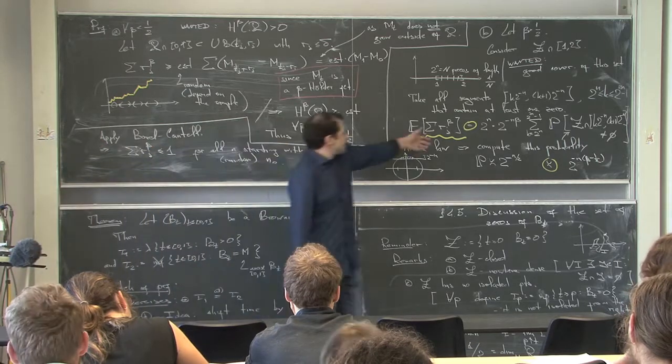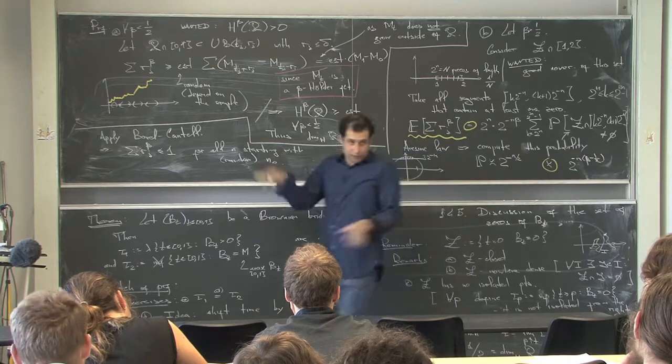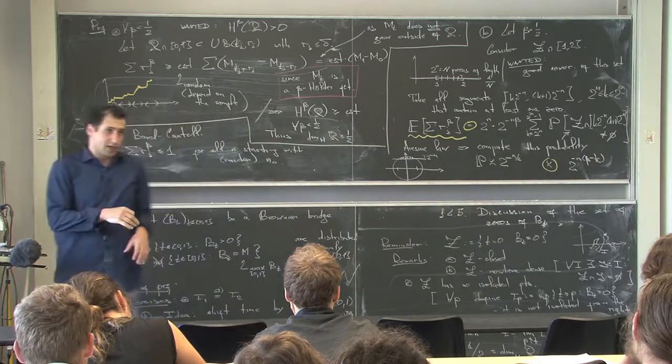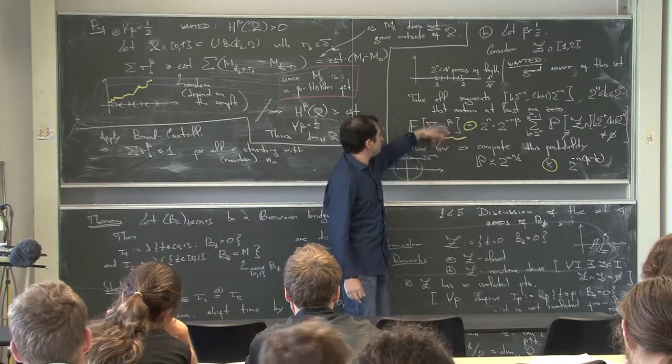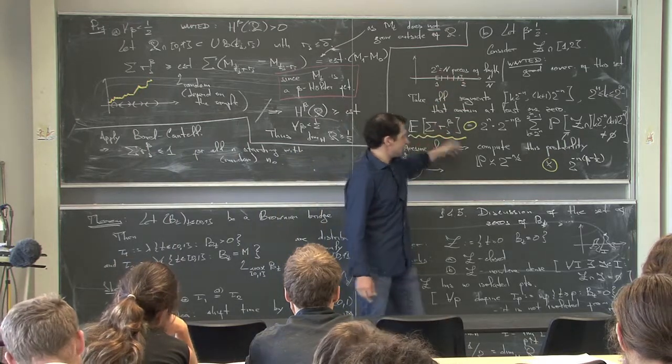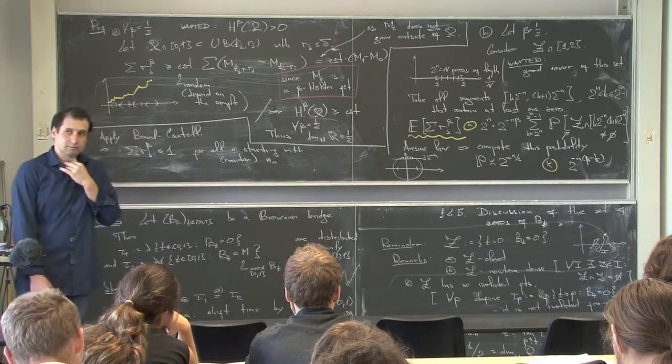So the probability that this sum is greater than 1 is estimated by the same quantity, which is very, very small. It decays exponentially. So eventually what we have is that all these quantities, when we refine the mesh, are less than 1. Okay?